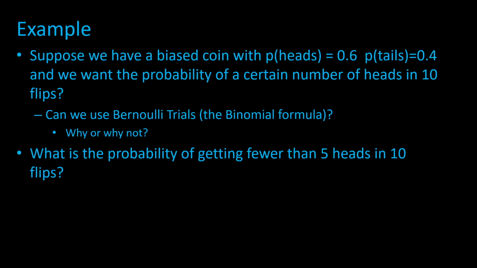We can do the same thing if the probabilities are not the same. If I have a biased coin with probability of 0.6 for the heads and 0.4 for the tails, and I want the probability of a certain number of heads in 10 flips, can we use the Bernoulli trials formula?